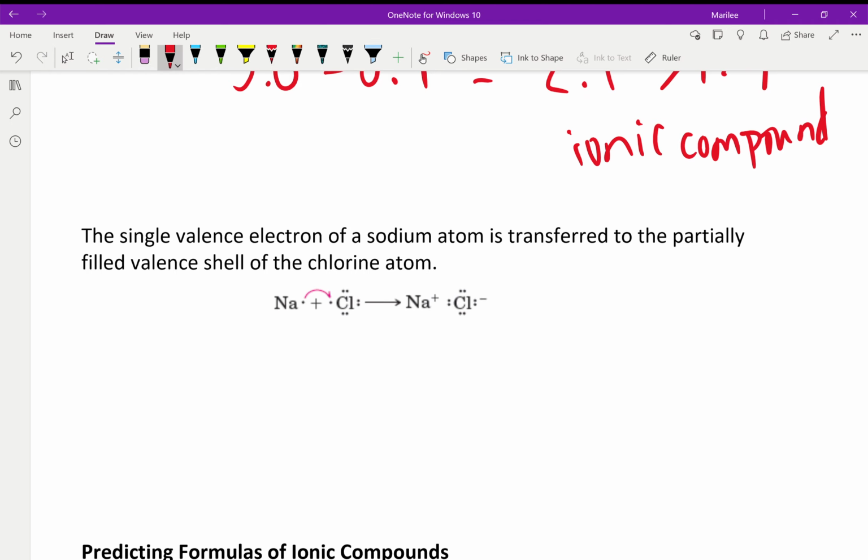So the Na loses this one electron. This one electron will go to the chlorine. So this one electron will go to here, right? And both will have the octet rule completed.